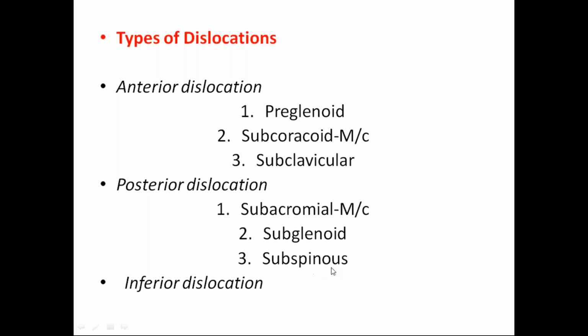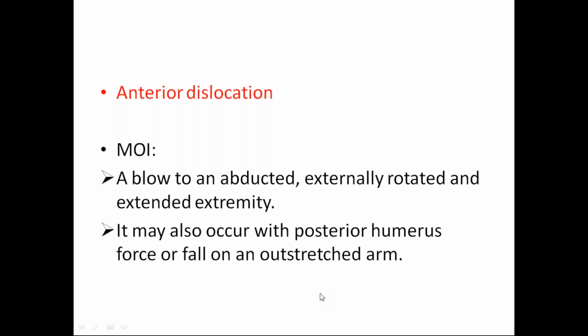Third one is subspinous. It is a very rare type of posterior dislocation. And another type of dislocation is inferior dislocation. So it is mainly due to hyperabduction injuries. It accounts for very few cases, around 1% of the subluxations or dislocations.